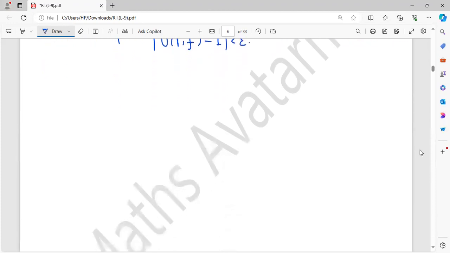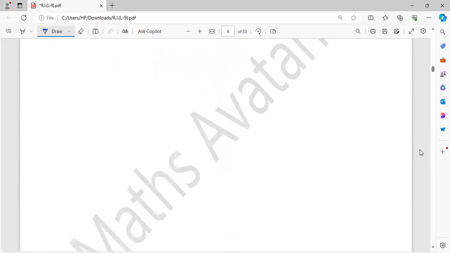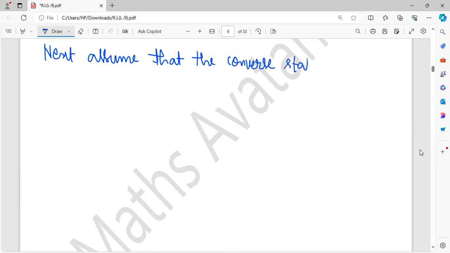Now assume that the convergence statement of the theorem is true.